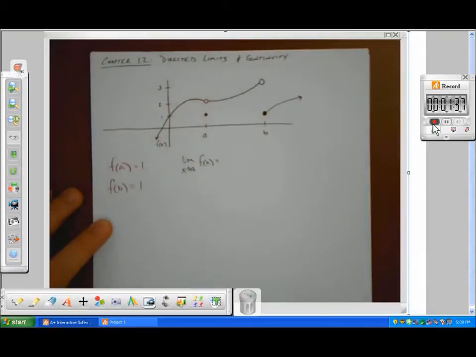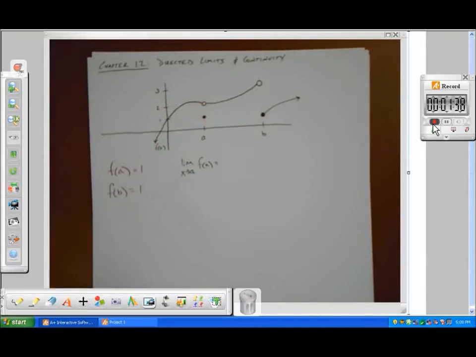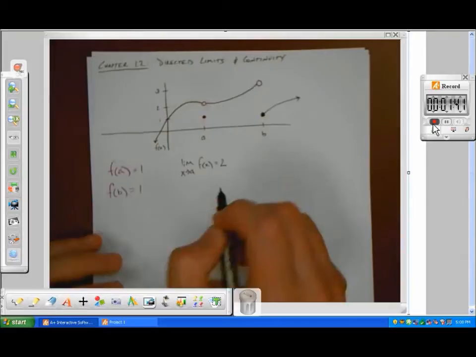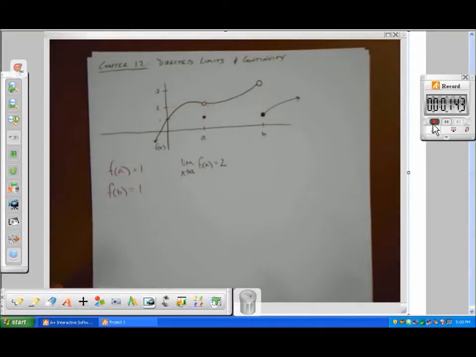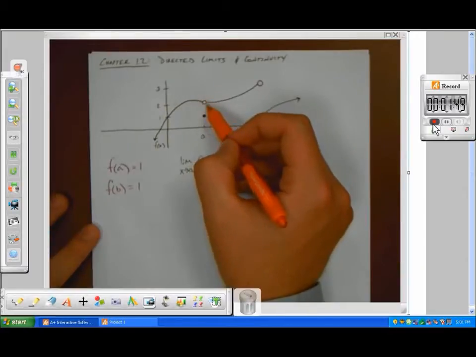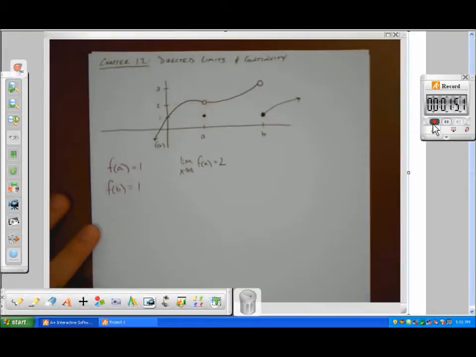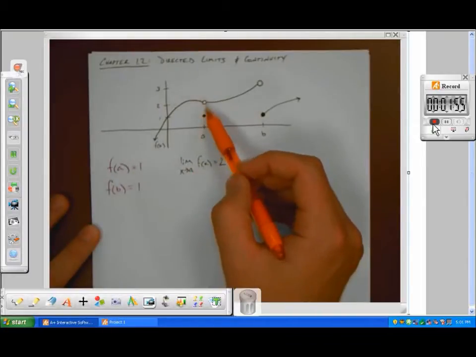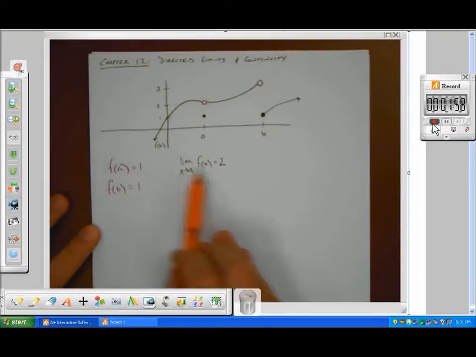So this is going to be 2. Remember, the limit has to do with the behavior around that point, not right at it. That's why we focused on this hole right there and not on this point. So notice how these two are different. When we have this hole, the function value is different from the actual limit value.